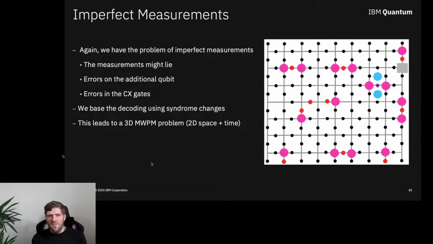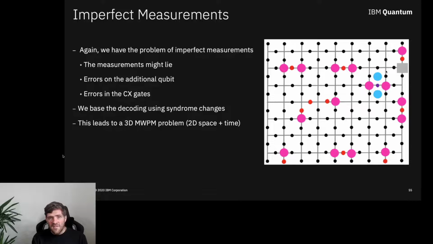Now if we have imperfect measurements, then again we're going to have the fact that the measurement might lie, and that's going to be a problem. So for example, if we had somewhere where we think there is no hint of an error when actually there is, just because the measurement result was bad, then that could completely mess up our decoding. So we don't want to do that.